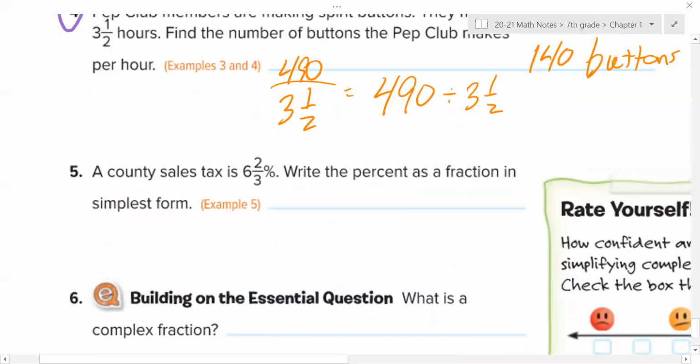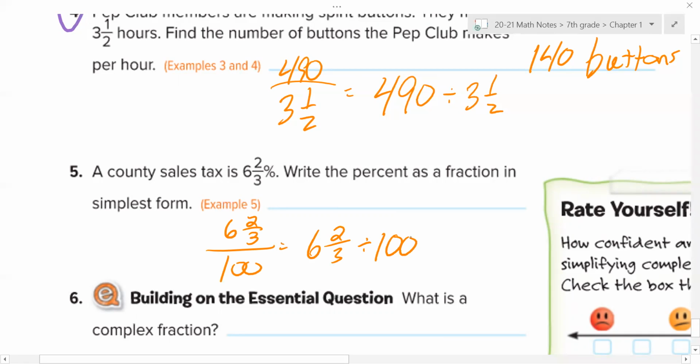So the county sales tax is 6 2/3%. Write the percent as a fraction in simplest form. And remember, whenever we're doing percentages, you need to divide by 100. So we have 6 2/3 divided by 100.